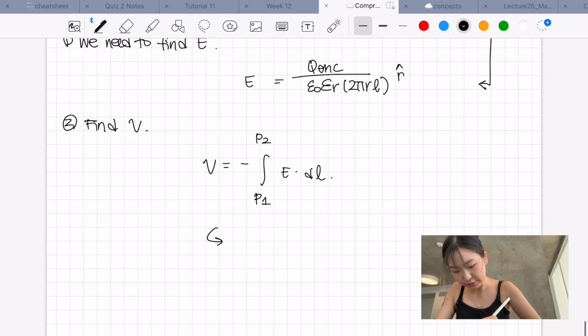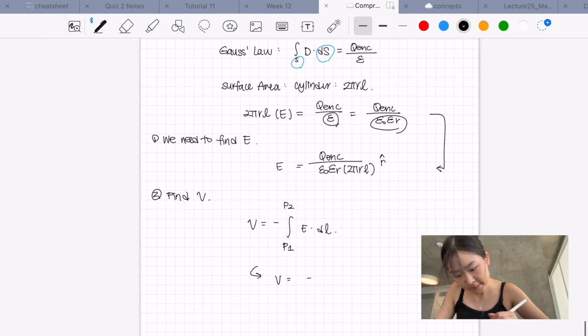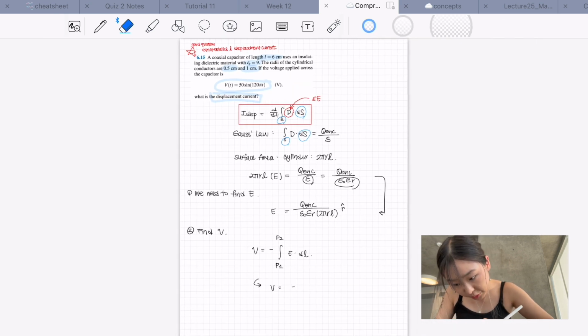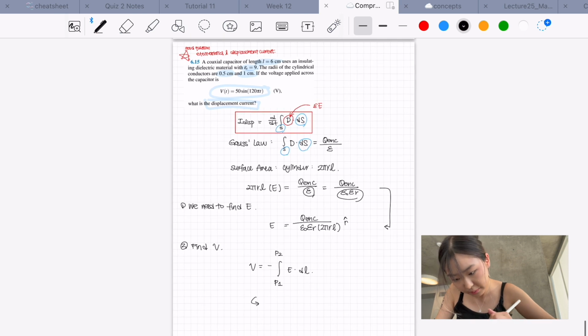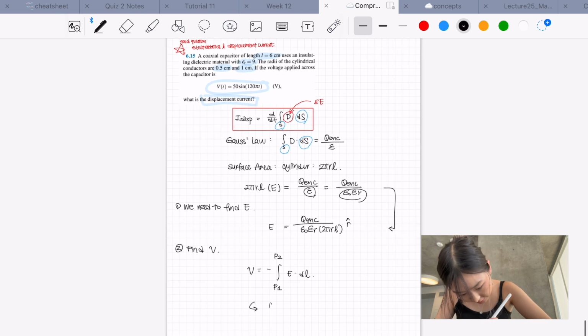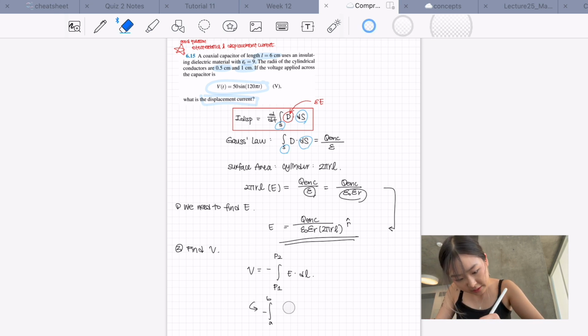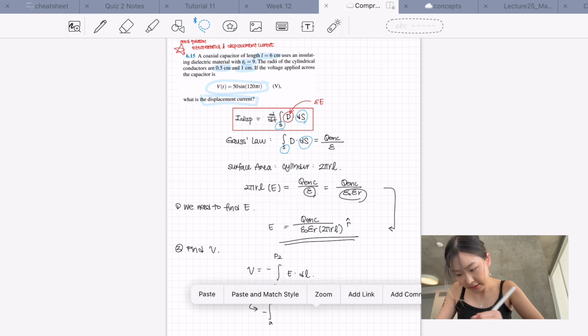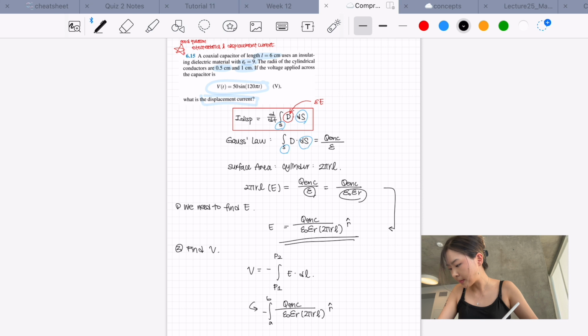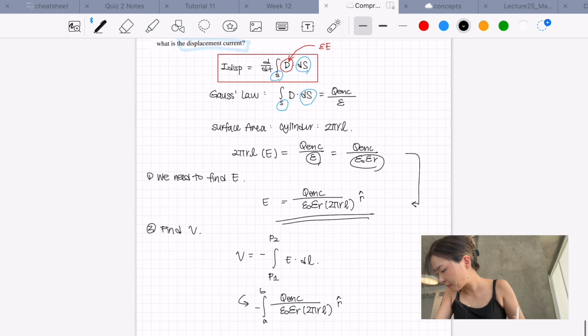So in this specific question, V would be equal to, looking at it from point A to point B, negative integral from A to B, E is equal to E from this equation, so Q enclosed over epsilon naught epsilon R 2 pi R L in the R direction, dot dr.